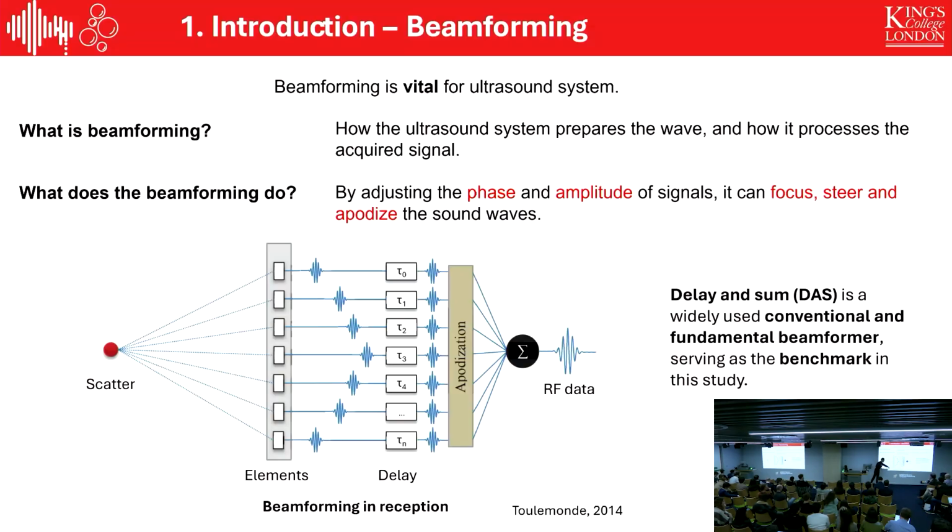In this figure, I showed the beamforming in reception. Here you can see the elements received the signal from the scatterer, and the beamforming applied delay and apodization, and then we can get the beamformed RF data.